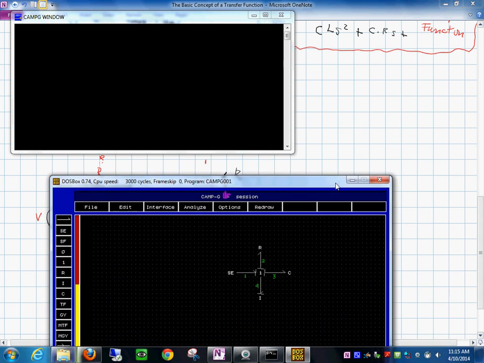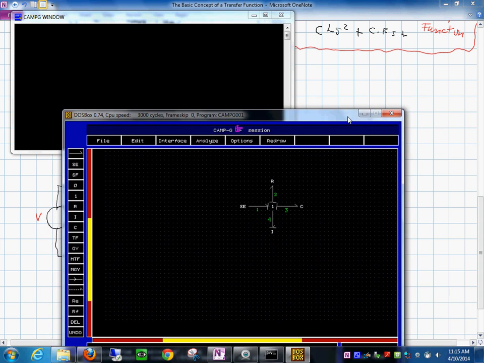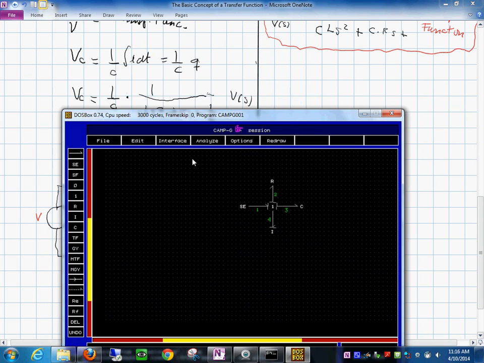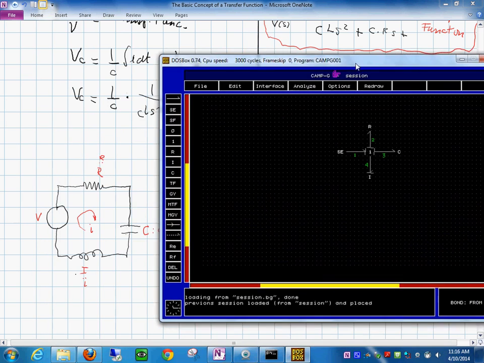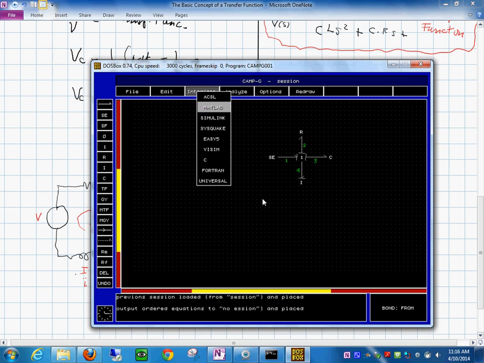Yeah, I think everything is okay. So in here, my output is E sub 3, right? That's the voltage across the capacitor. So I'm just going to go here and go to the interface.